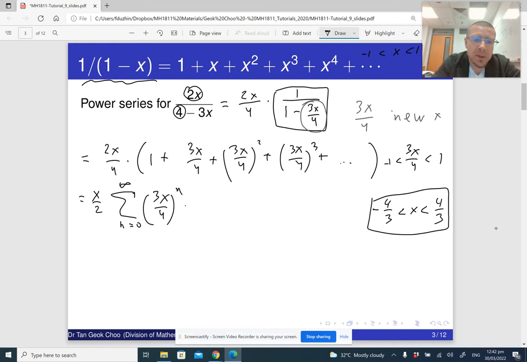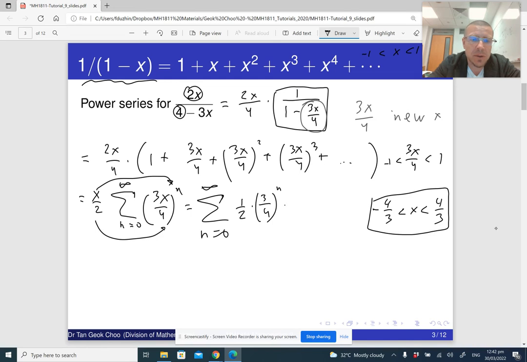But then if you want, you can move x in, move 1/2 in. So this is going to be the sum from 0 to infinity of 1/2 times 3/4 to the power n times x raised to n plus 1, because x raised to the n times x is really x raised to the power n plus 1.